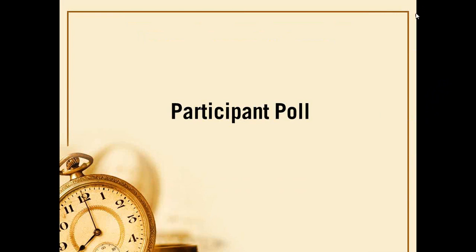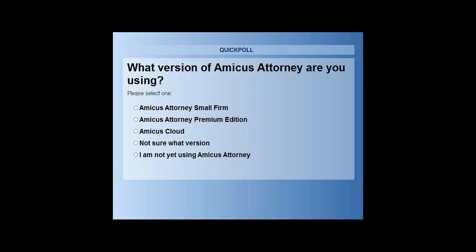So we're going to put a poll on the screen now, and I'd like to get a sense of who I'm speaking to and what versions of Amicus you're using. We have a variety of options available because Amicus has a variety of options available depending on what your needs are, from small firms to large firms to mobility functions. And Jody is creating and opening that poll for us now.